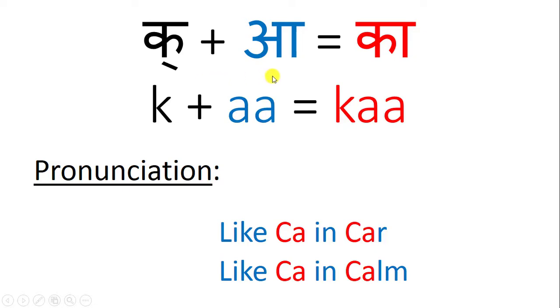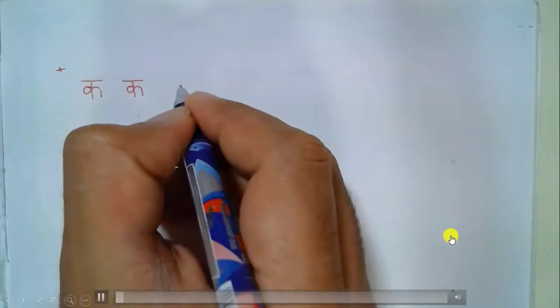And you pronounce Ka like CA in car. Car. And like CA in calm. Calm.